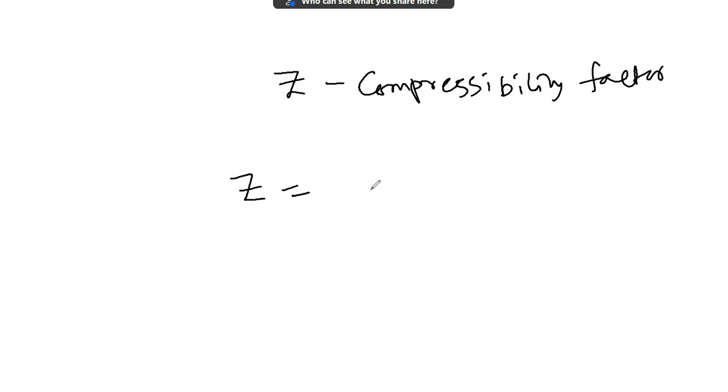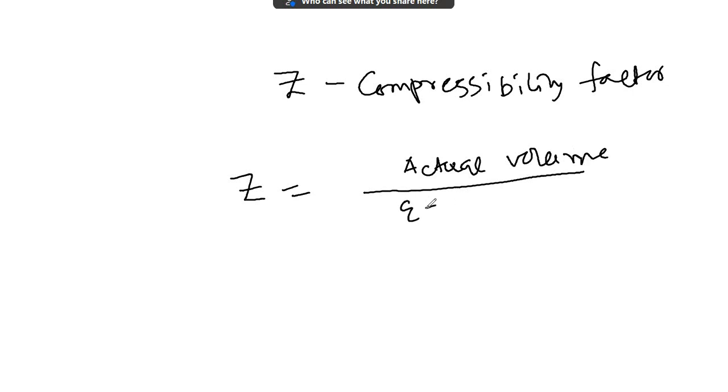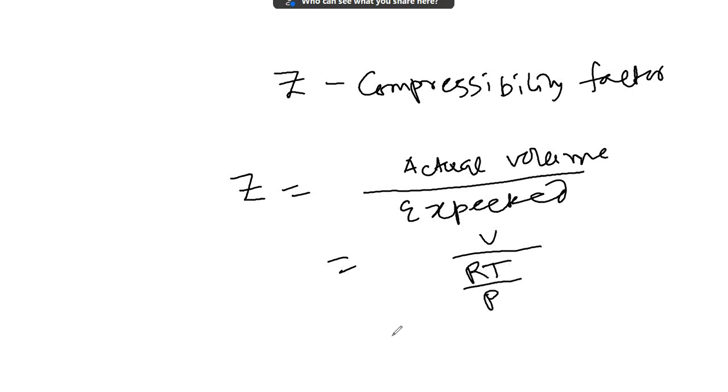Z is equal to actual volume over expected volume. Expected means at a particular temperature and pressure, V is equal to RT by P, so PV equals RT. This is the case of the compressibility factor.